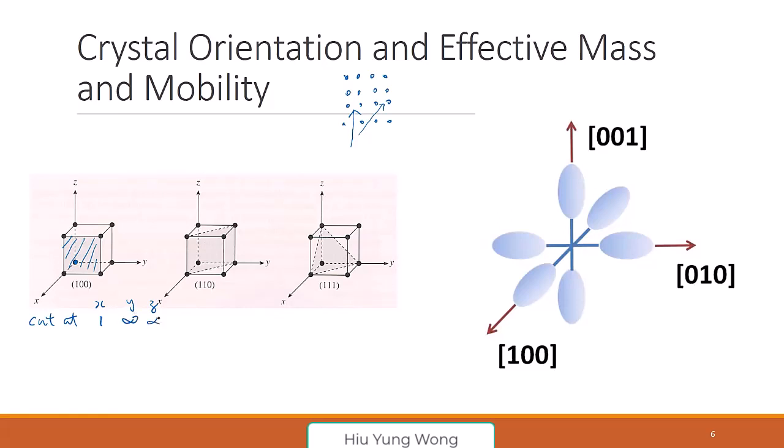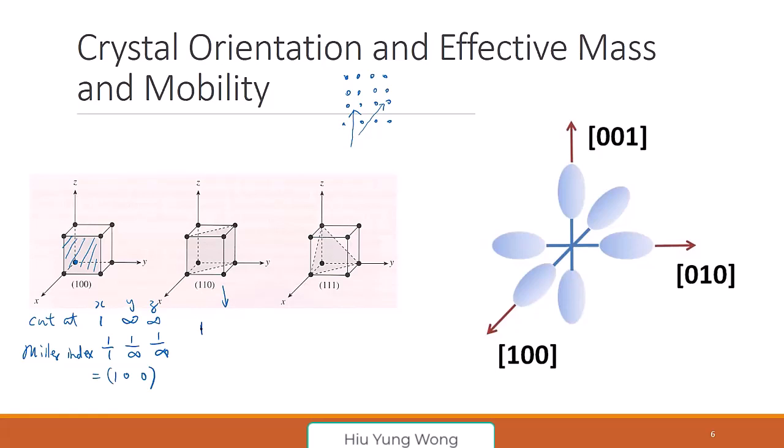So same for Z. Then we get the so-called Miller index. A very simple review. It's just 1 over 1, 1 over infinity, 1 over infinity. So it is 1, 0, 0. This is the direction of this plane. As another example, this one cuts X at 1.